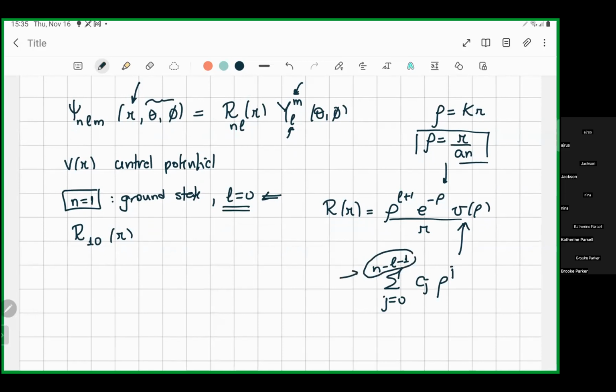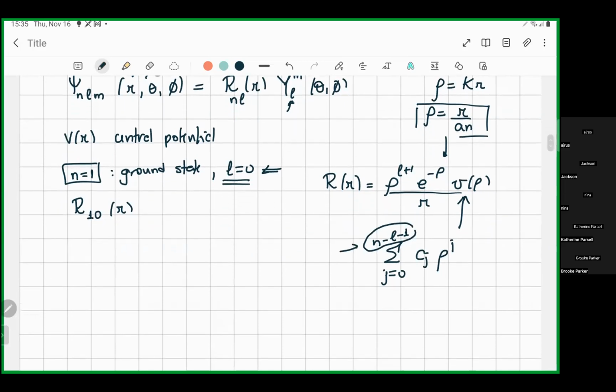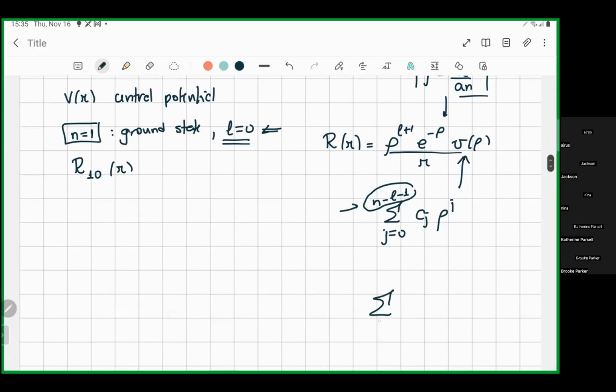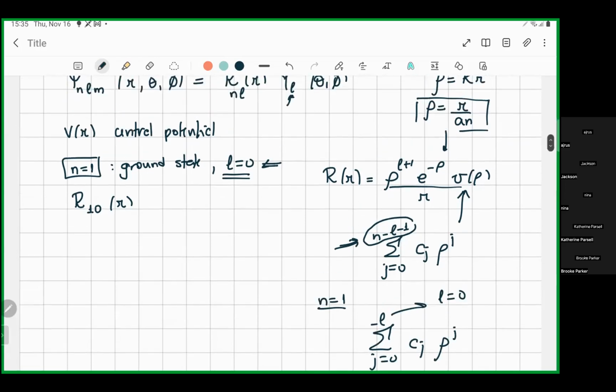So when we put n equal to 1, what survived in this top part of the series was minus L. So the only L that makes sense here would be L equals 0. So this is the function that we found last class.